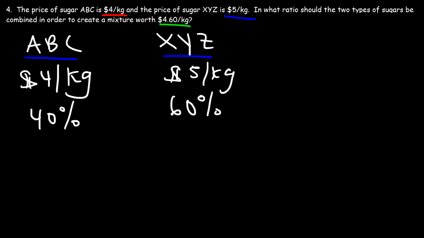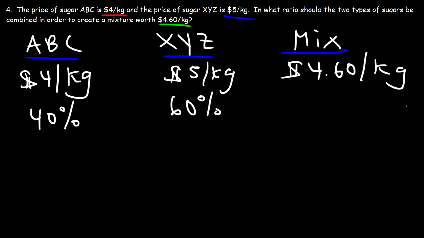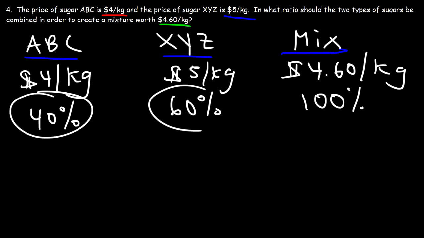Now, let me put the mixture. So the price of the mixture is $4.60 per kilogram. And the quantity is 100%, because if you add 40 and 60, you get 100. Now let's see if this makes sense.